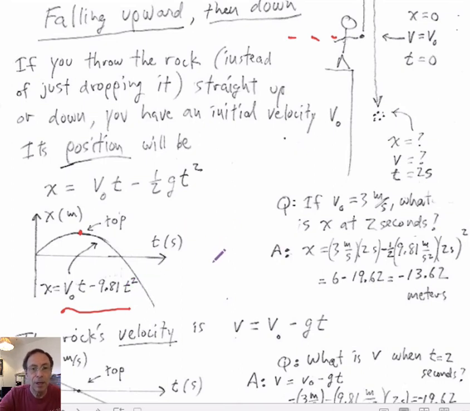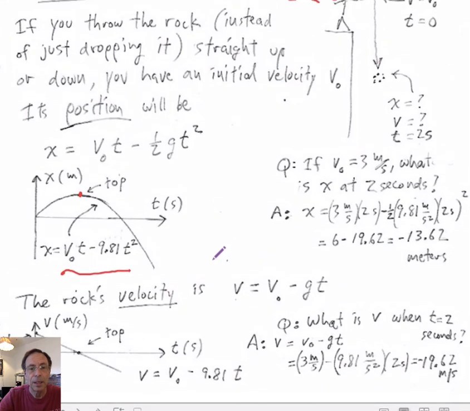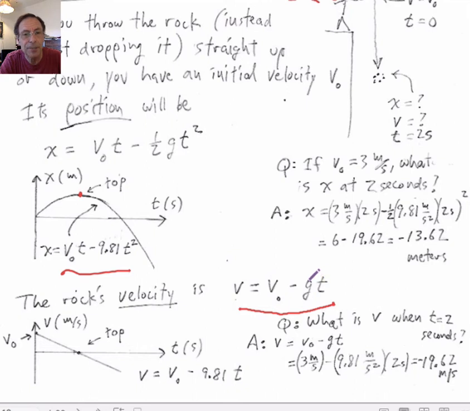And the velocity, here's our new velocity formula. V equals the initial velocity, which is the upward toss, minus gt. If I graph that, it's the same as before, but my line has been shifted up by the v0 amount.